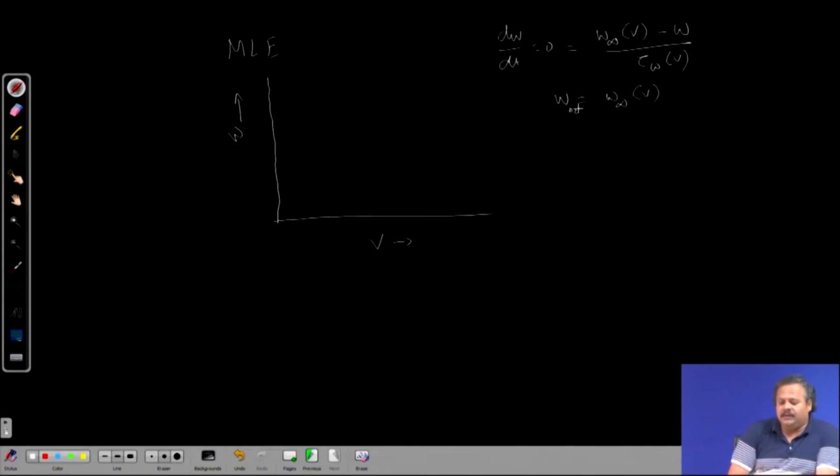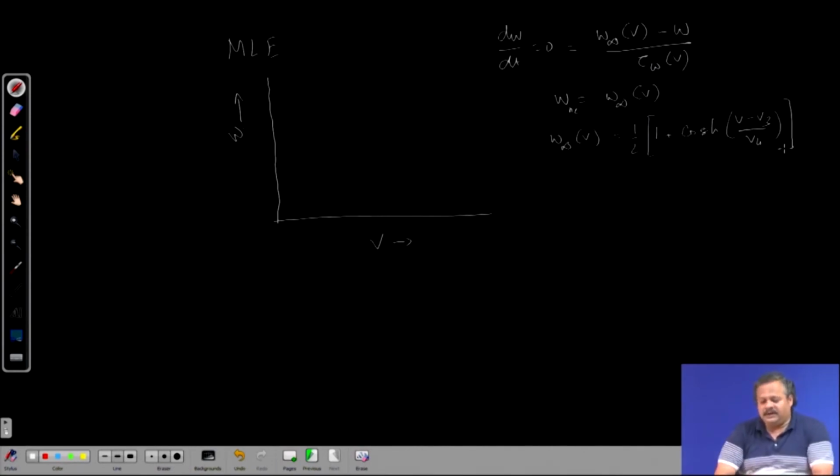So, these are the W values along which dW/dt is 0. And you remember that we had W infinity of V defined as half into 1 plus cosh of (V minus V3) by V4, and V3 and V4 are already supplied to us.